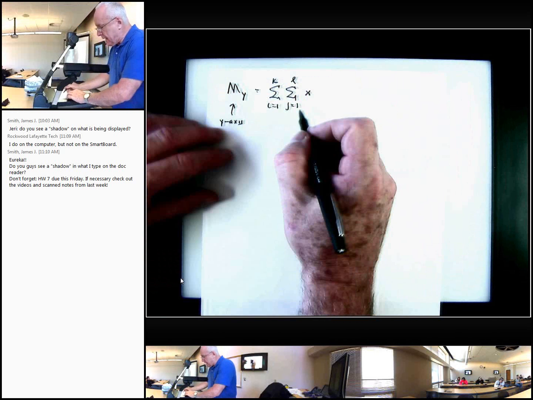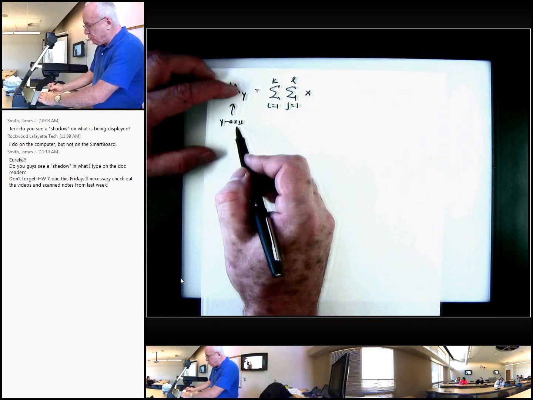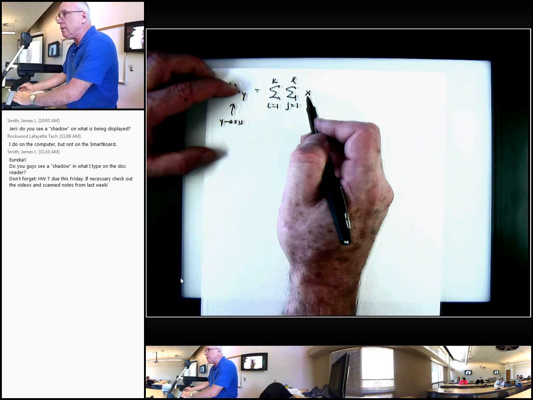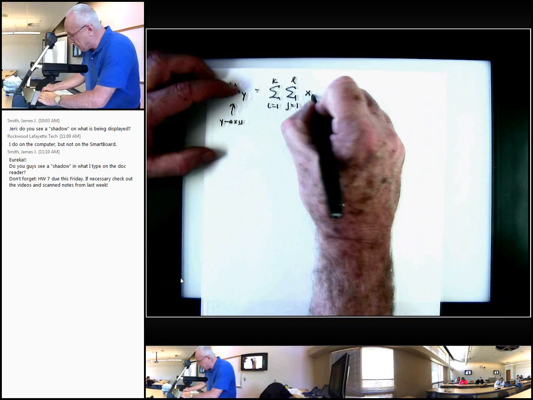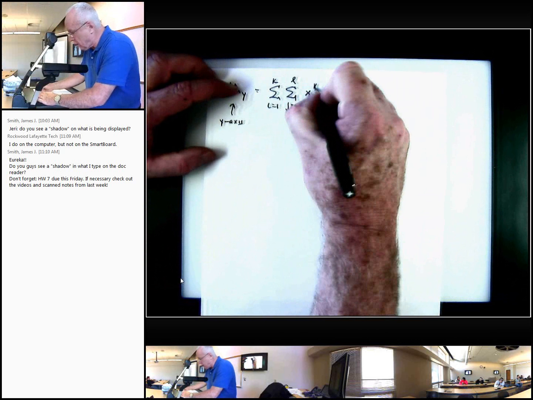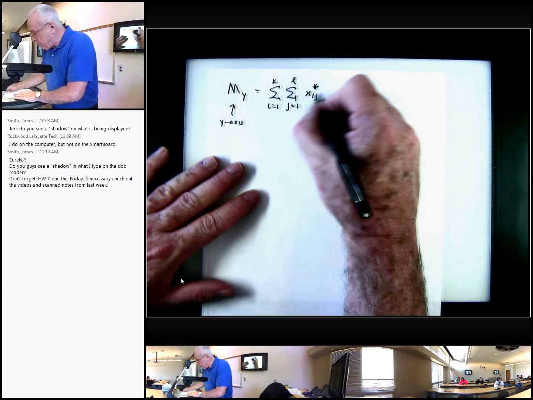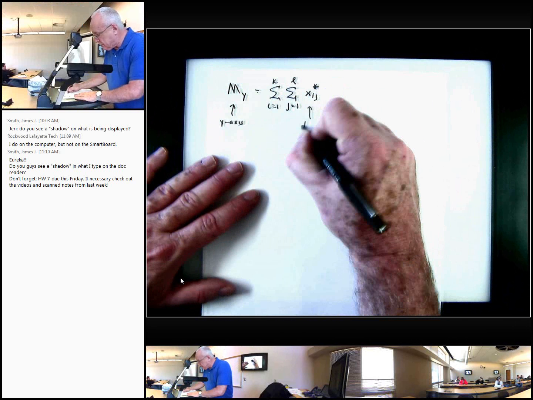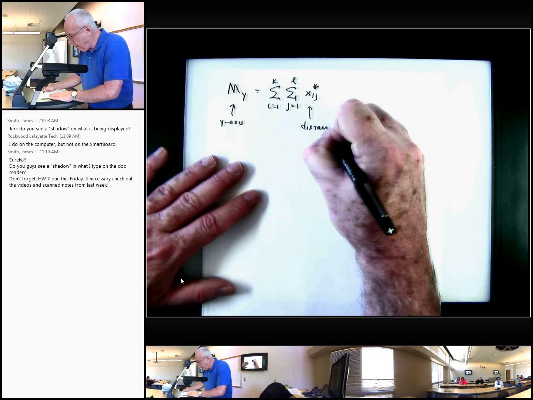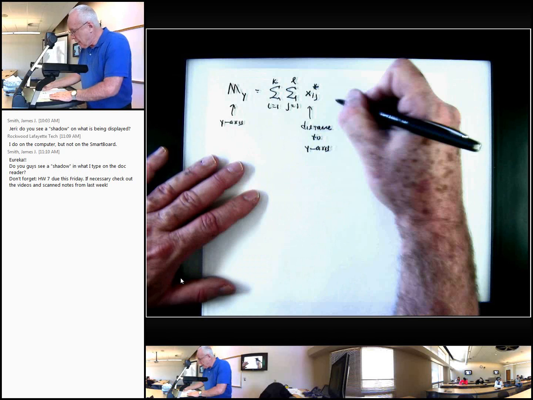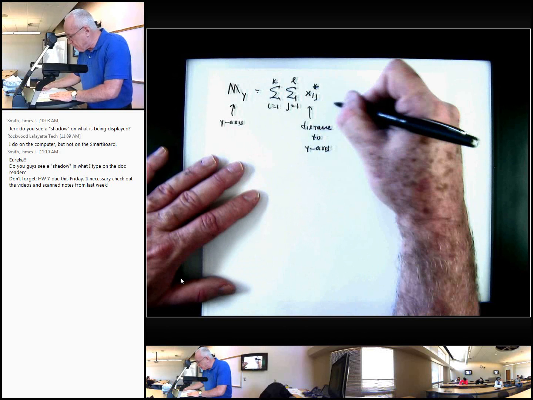For the moment to the y-axis, I take the x-coordinate value, x sub ij star, that's what they're calling it, which is the distance to the y-axis, and multiply it by the mass.